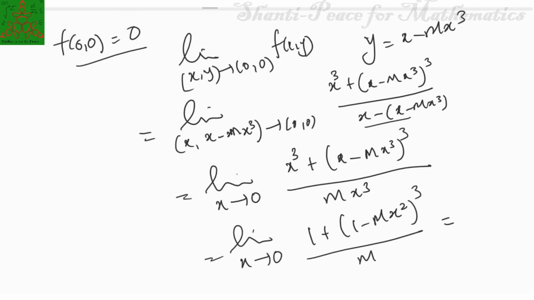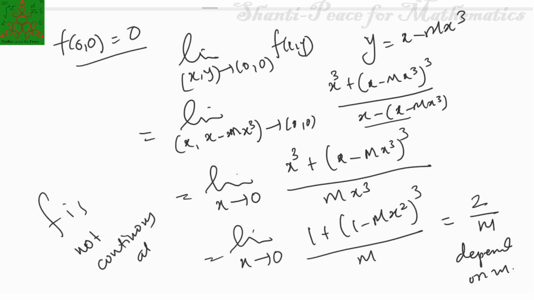That leads to 2 by m, which depends on m. Hence we can say that f is not continuous at (0,0) because the limit does not exist.